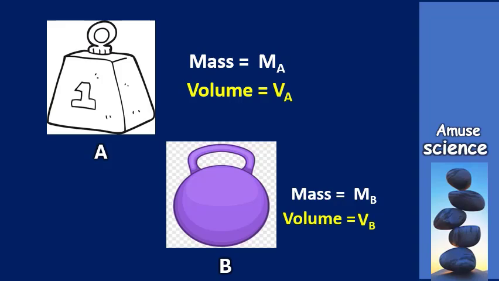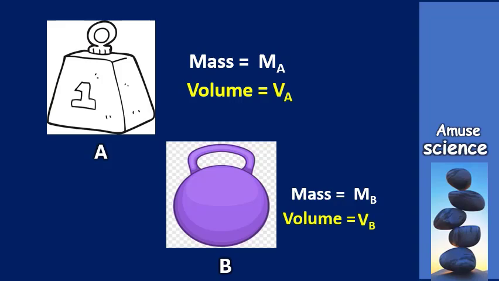If these two objects have the same densities, if the value of their densities is the same, what would be an expression relating MA, VA, MB, and VB? Pause the video and do it on your own, and then we'll cross-check our answers.